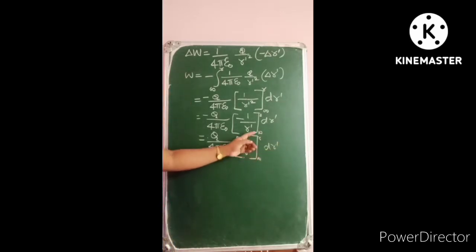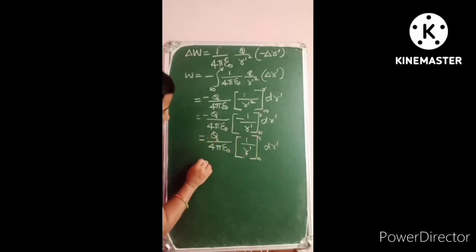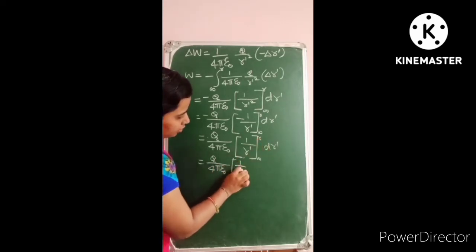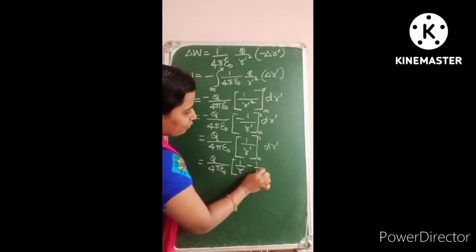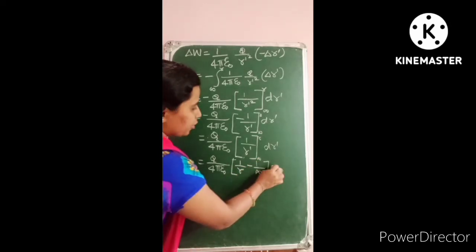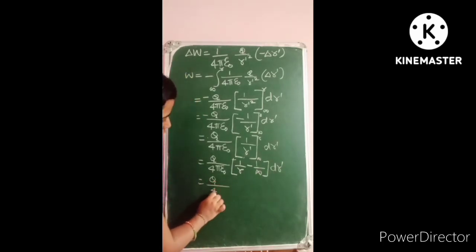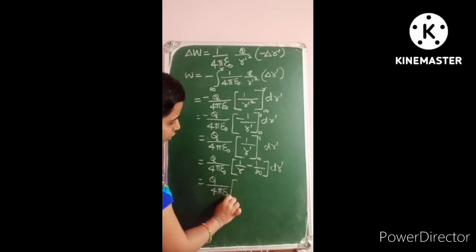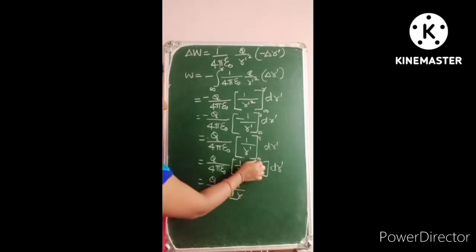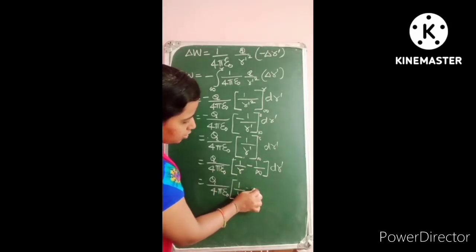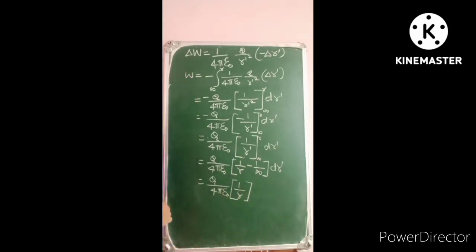Now apply the limits. First you have to apply the upper limit minus lower limit. So Q divided by 4 pi epsilon naught, it becomes 1 by R minus 1 by infinity, where 1 by infinity is 0. 1 by R minus 0 remains 1 by R only.